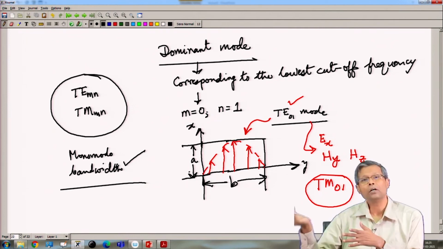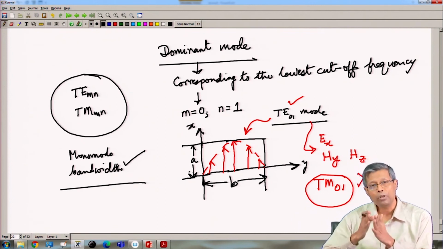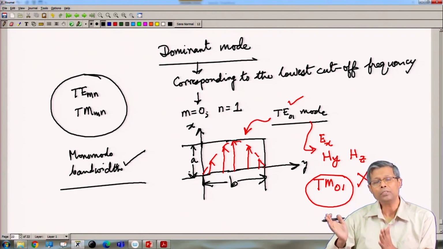After the onset of the next higher order mode, we will have two modes propagating, and the two modes are going to share power. Therefore, we want the propagation to happen in what we call the monomode region, that is between the cutoff frequency of the dominant mode and the cutoff frequency of the next higher order mode.